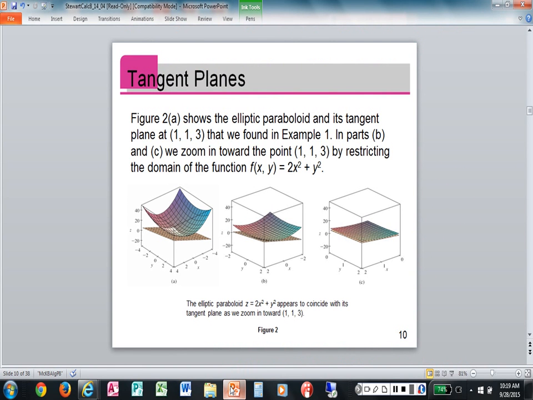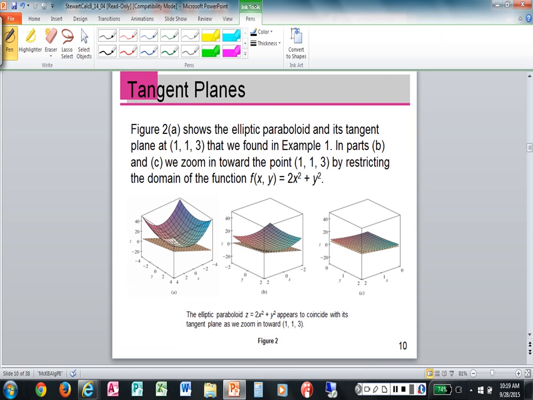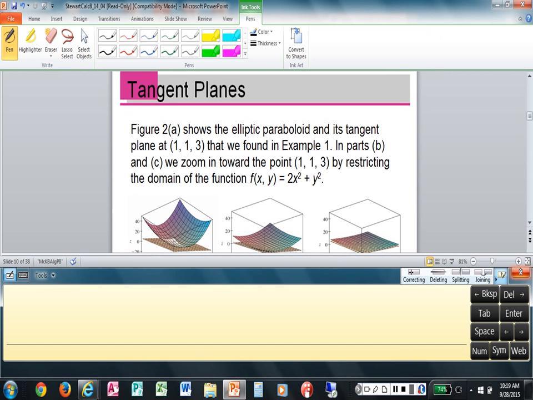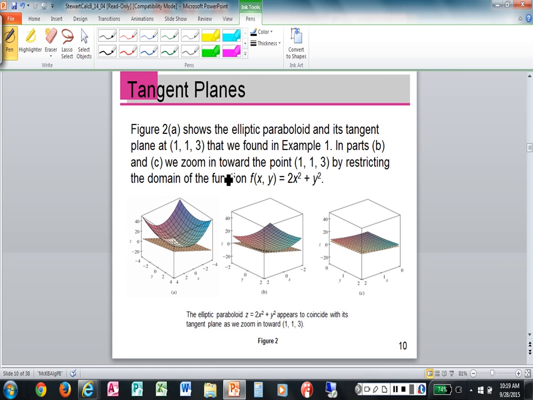In the first one there, right? It's right there on the left.